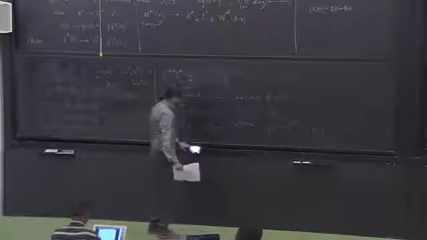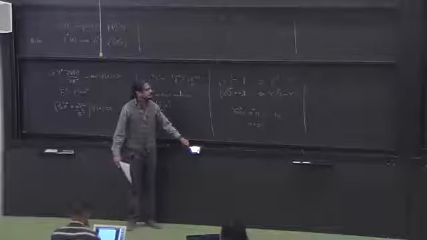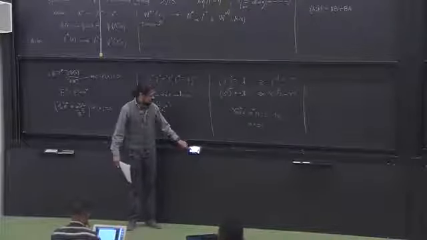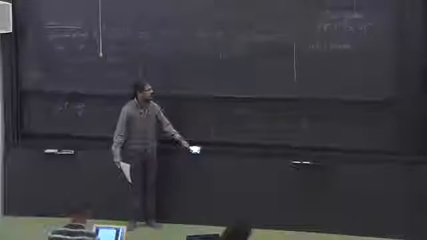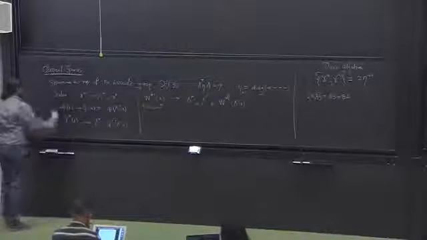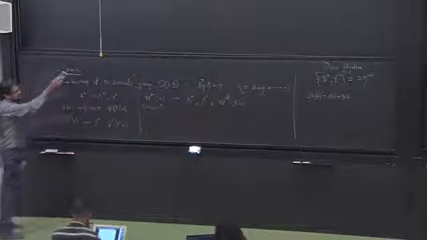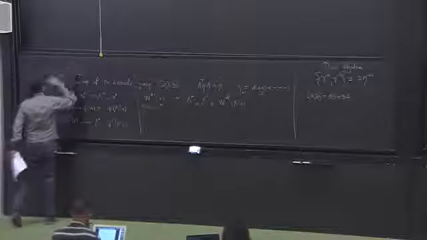So that is the dimension of our representation. That is the dimensionality of the vector space on which those matrices S that we constructed will act.